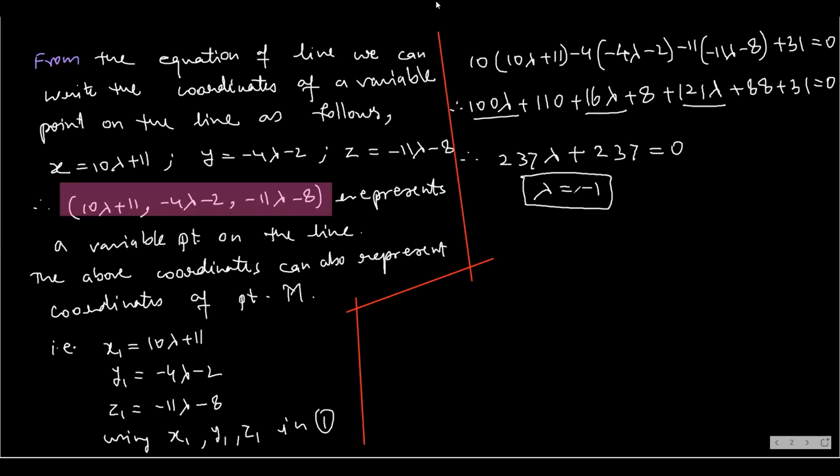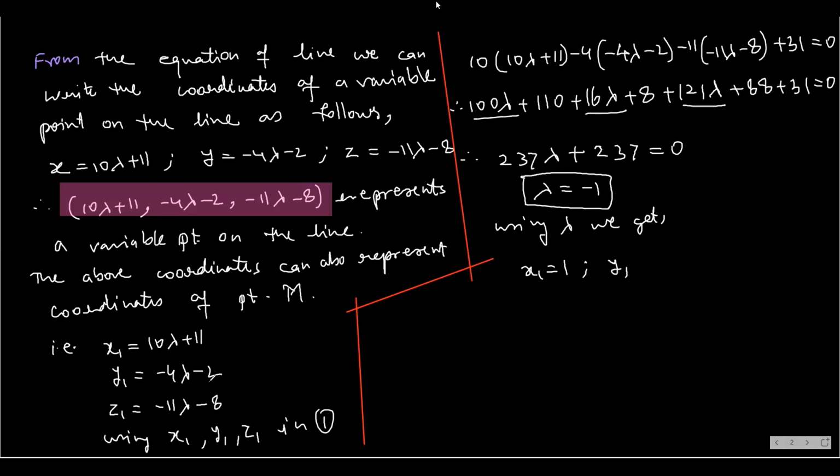Try understanding. When lambda is negative 1, then whatever x, y, z you get, it will belong to point M. So I will get x1. Using lambda, see, the coordinates: x1 will become, you are putting lambda as -1, so this is -10 plus 11. That is 1. So x1 is equal to 1, right?